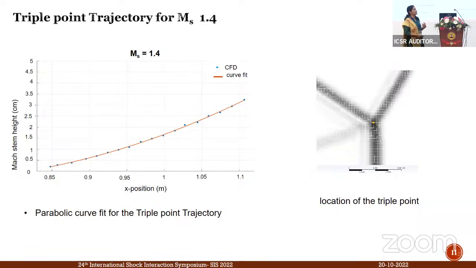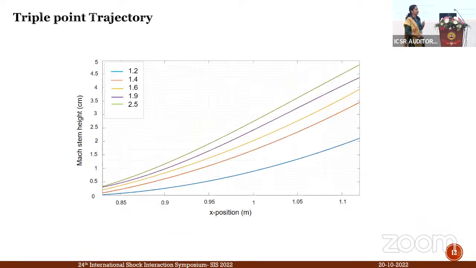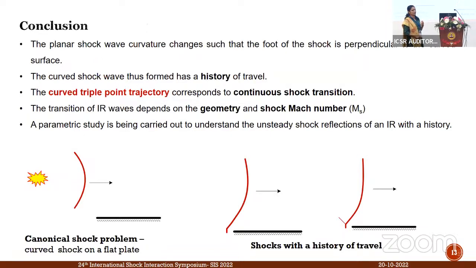The future study is now to understand, for different surfaces, how the irregular reflection behaves in the unsteady framework. Basically, a planar shock wave underwent a curvature change, and then it behaved as a planar, unsteady reflection.